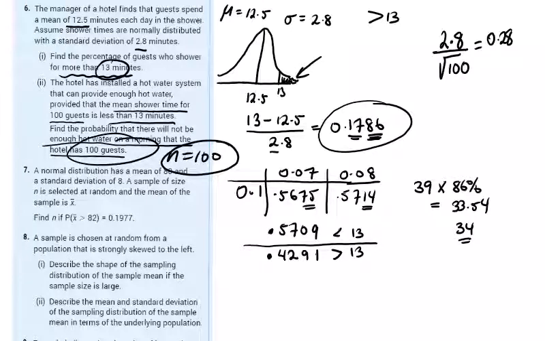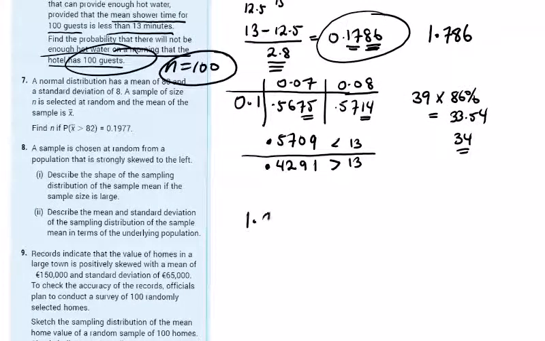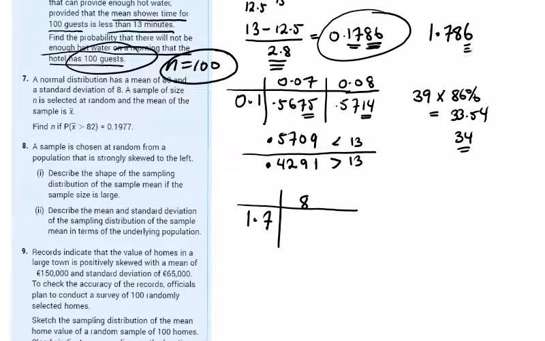So instead of dividing by 2.8, we're testing the same number. We're dividing by 0.28, which is going to change 0.1786 by a factor of 10 to 1.786. So now we're going to need to look up a z-score of 1.78. If I look up the 8 part, and then we are 60% of the way to the 9th part, 1.78 is 9625 and 0.9633.